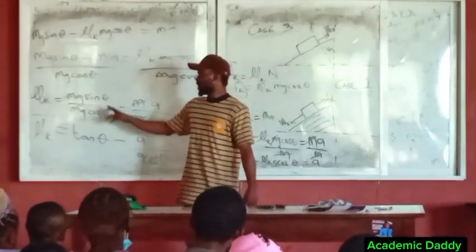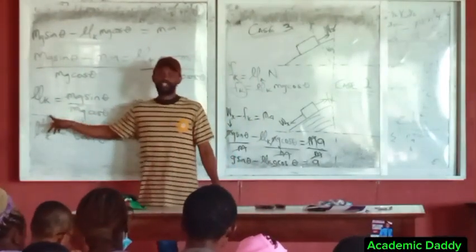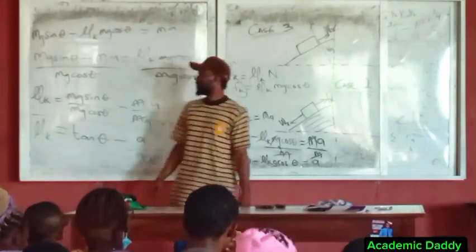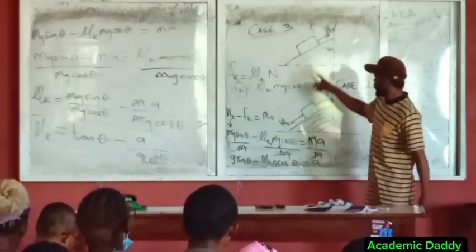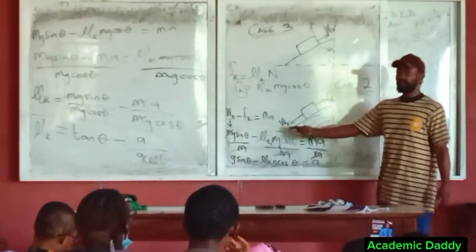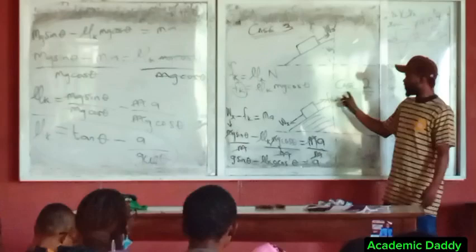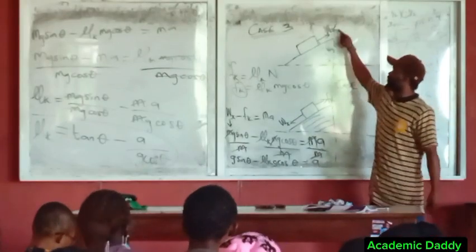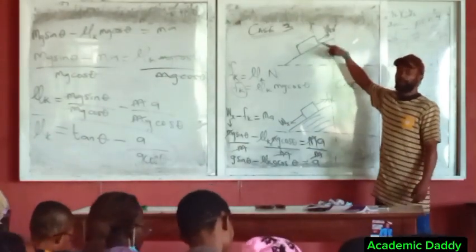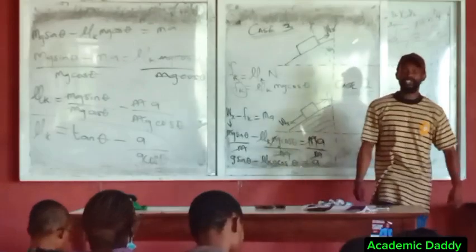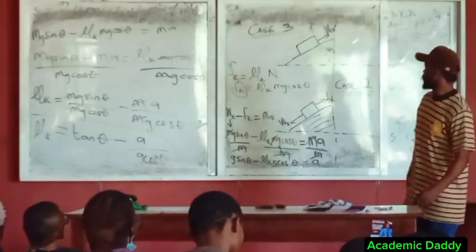This one is what we call the coefficient of kinetic friction, like this way sliding downwards. This is the case when it's sliding downwards. The one you are doing for me is when it's moving upwards, which is case 3, sorry.